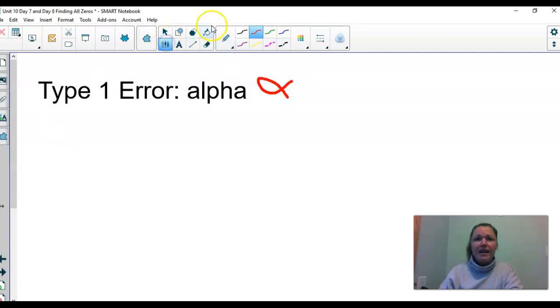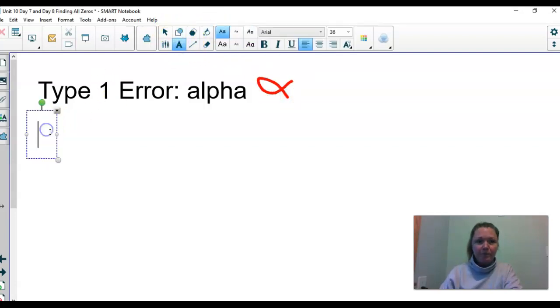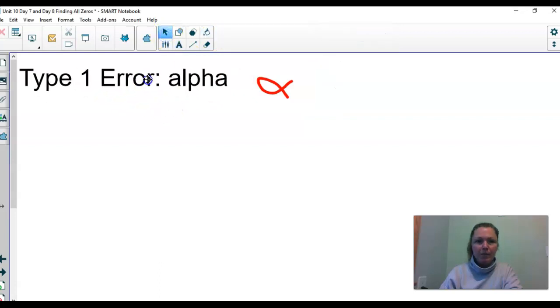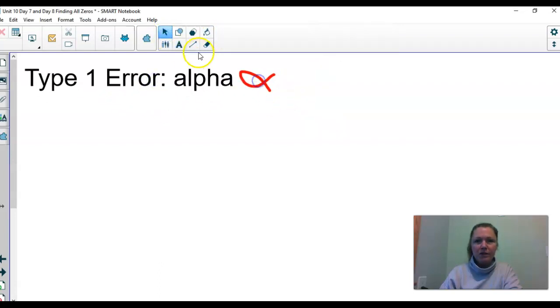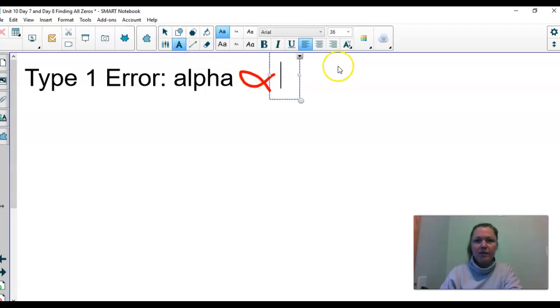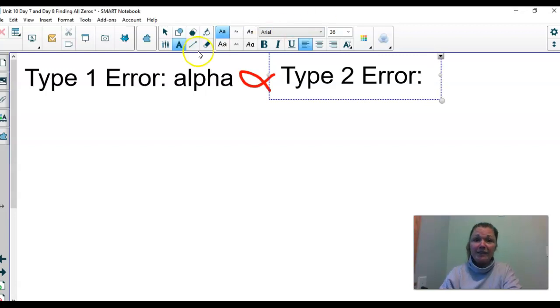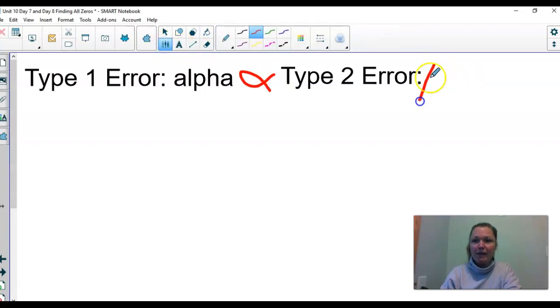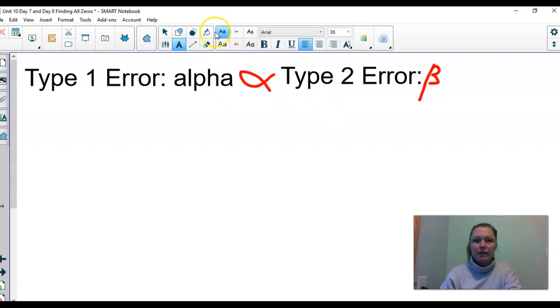Okay. Now a type 2 error, I'm actually going to write it over here for a specific reason. And so forgive me real quick. I'm going to move this over. Type 2 error is equal to beta. Okay. And what does beta look like? Beta looks like this. And then power.